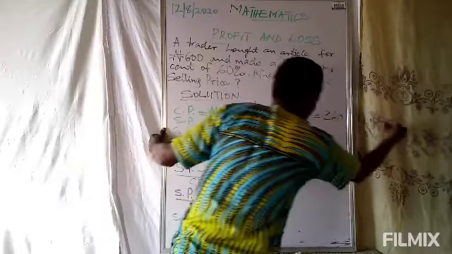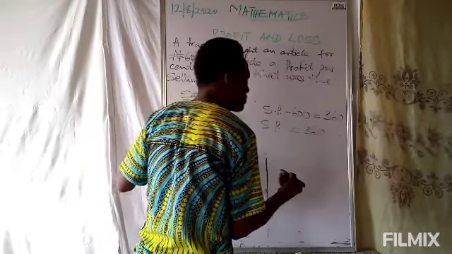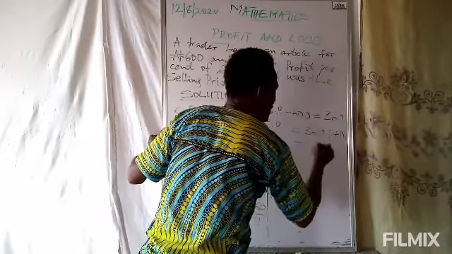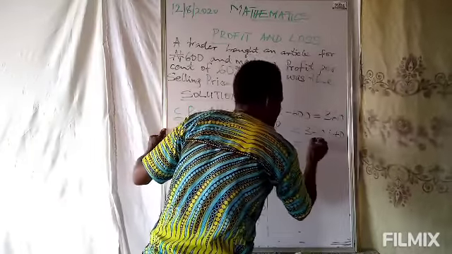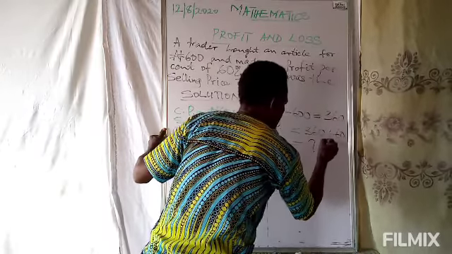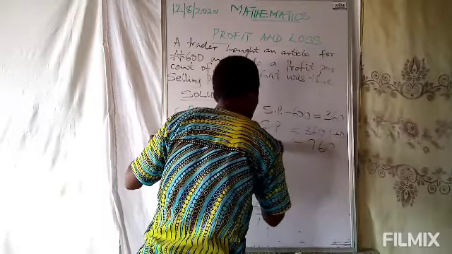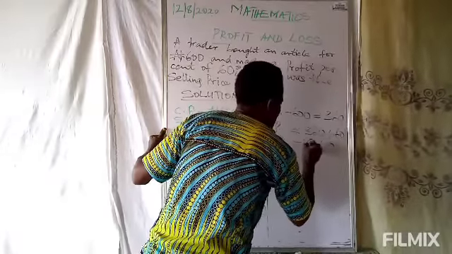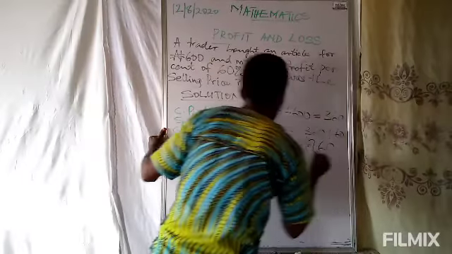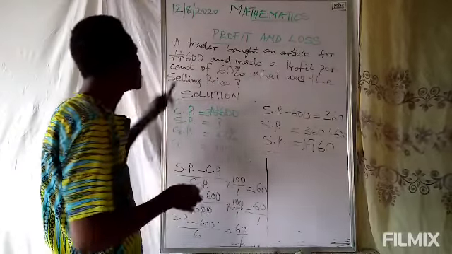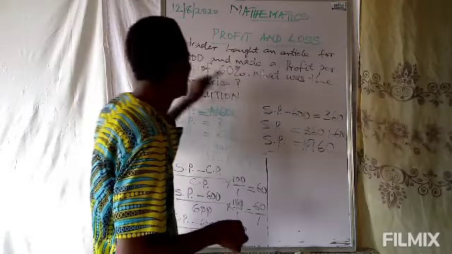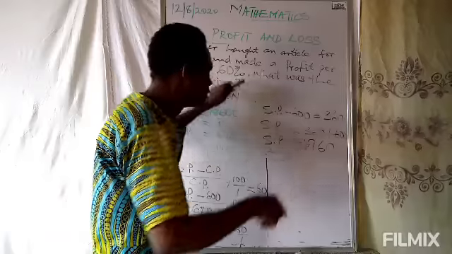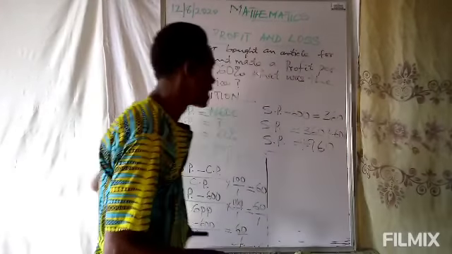When this minus comes this way, it will turn to positive. So it becomes plus 600. So this one becomes 600 plus 360, that is 960. So selling price becomes 960 naira. So that is the answer. So the trader who bought the article for 600 naira and made a profit percent of 60% sold that particular article for 960 naira.